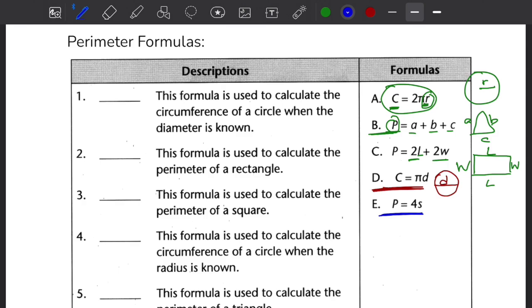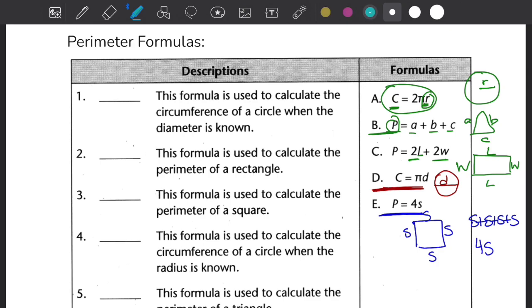So we have 4 groups of the same number. That means we're working with a square because a square has equal sides, 4 equal sides. So to find the perimeter of a square, I add the same number 4 times or just multiply it by 4.